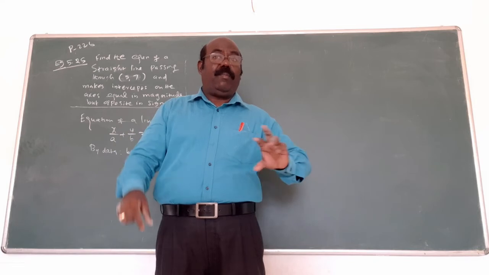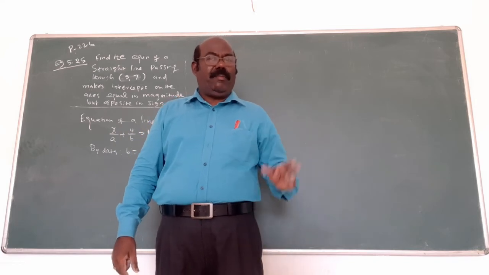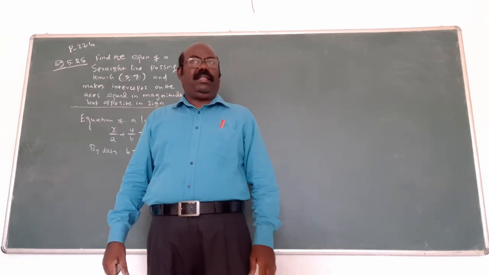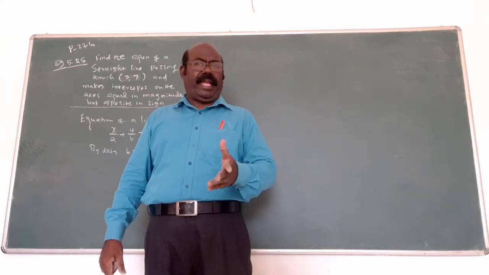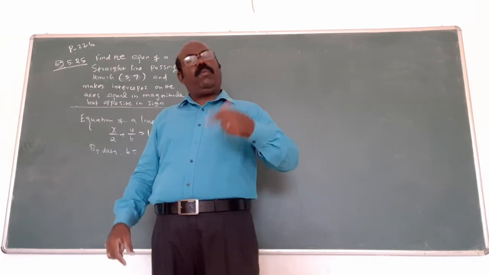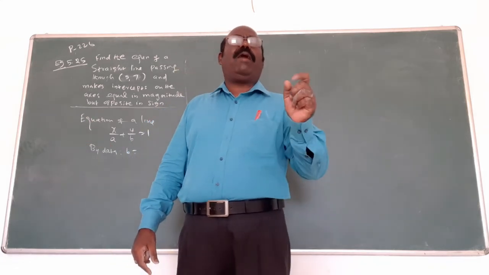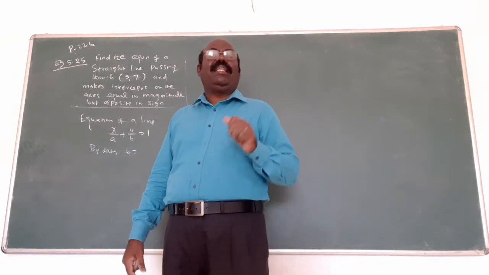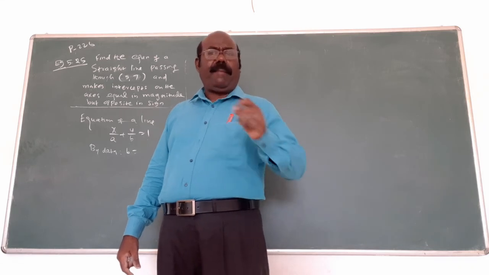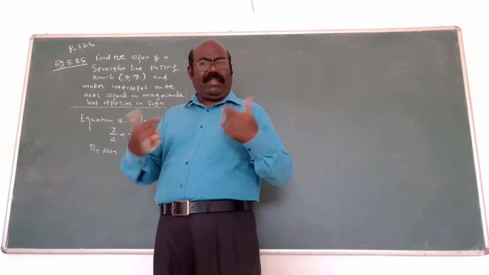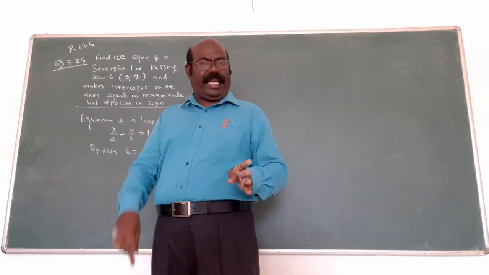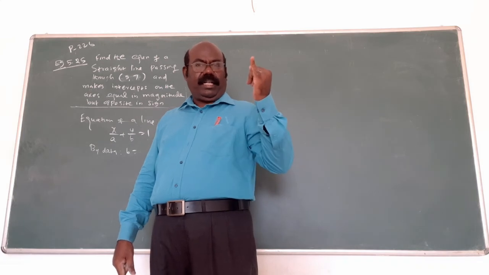That means b equal to minus a. Previously equal, no? b equal to a, but here b equal to minus a. One more question: the sum of the intercepts is 7. That means a plus b equal to 7. In this way you will find the value of b as 7 minus a. The first one is the ratio given.